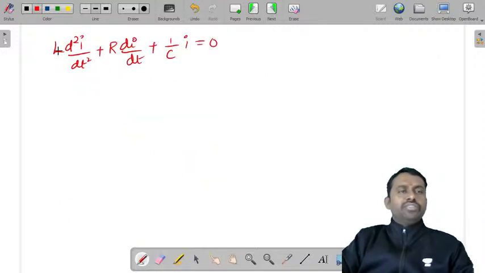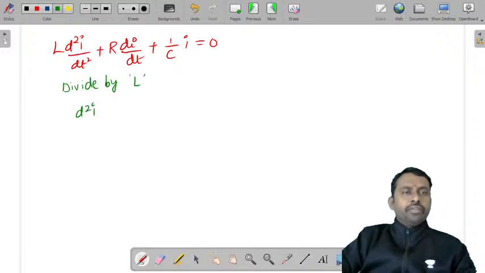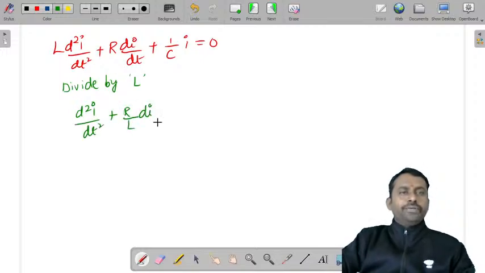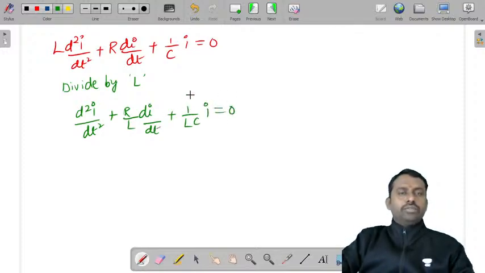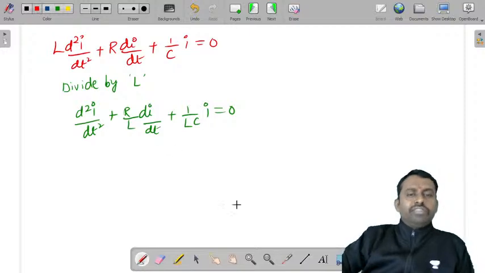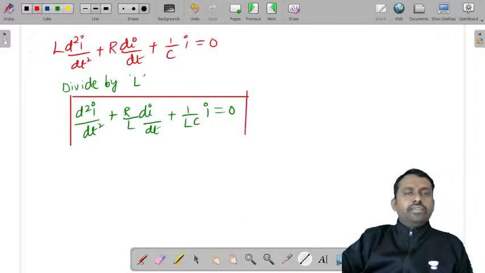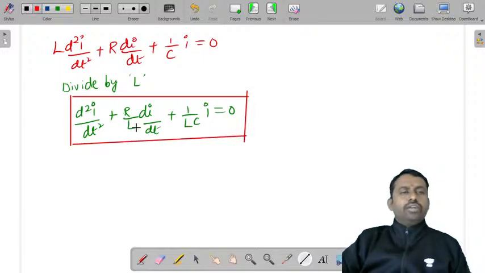I want to make the higher order term coefficient 1, so divide by L. What do you get? d square I by dt square plus R by L into di by dt plus 1 by LC into I is equal to 0. Now this is a differential equation with RHS 0 and it is a second order differential equation.